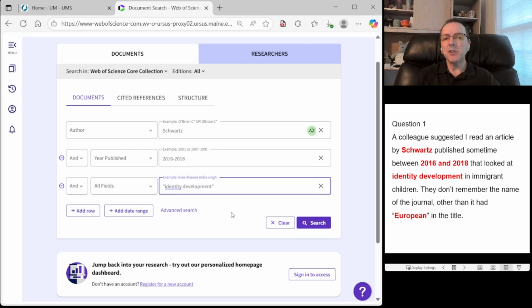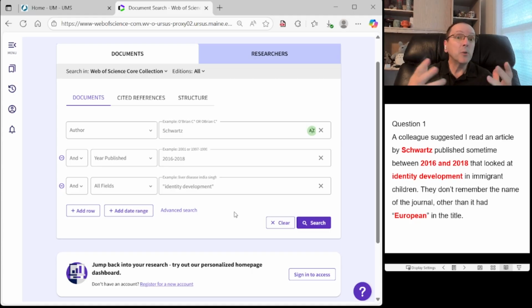But at the same time, this could be a little tricky, because notice they're not saying that Schwartz used that term. Maybe Schwartz talked about identity formation. Now we won't find it because of that. So you have to think sometimes about some of the jargon. If you don't find the article you're looking for, maybe try a different variation, a different synonym for identity development, or see what happens if you don't include it at all.